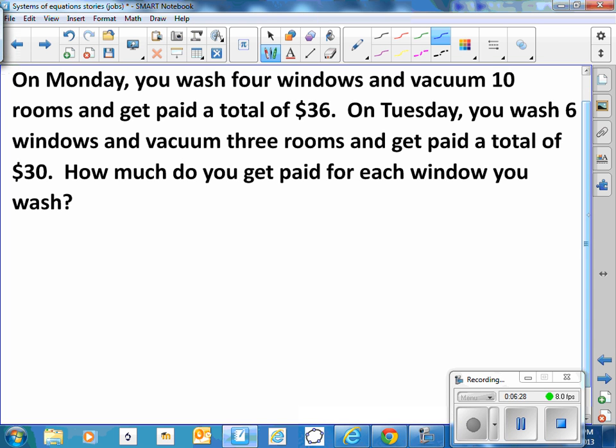Okay, so let's change the numbers a little bit and do another one. 4 windows, 10 rooms, $36.